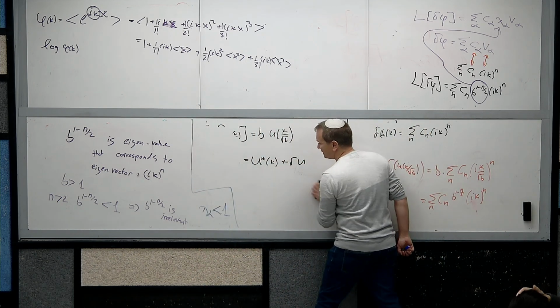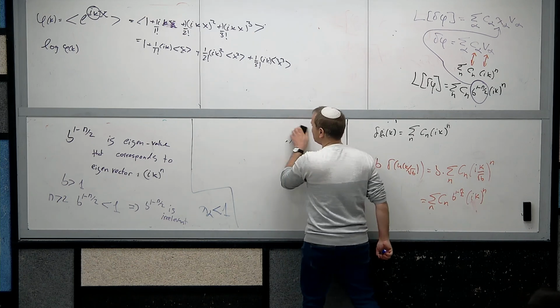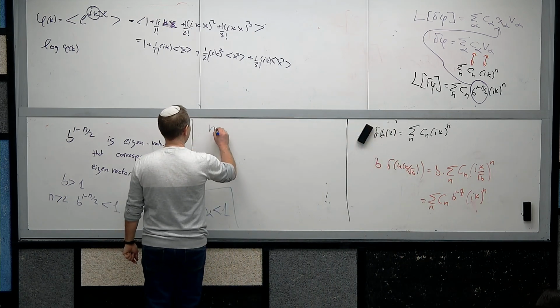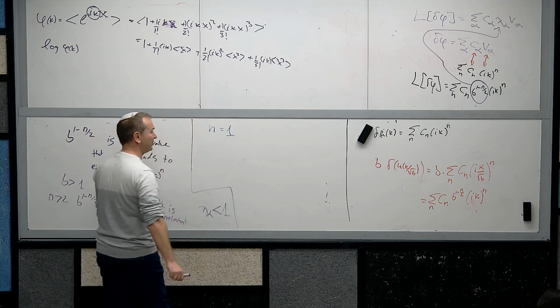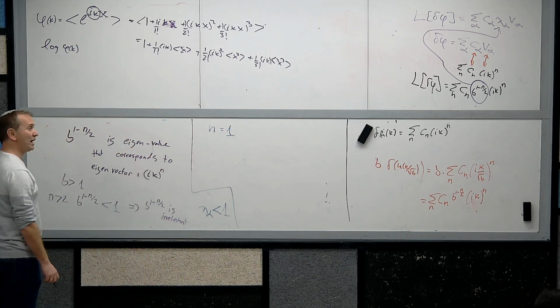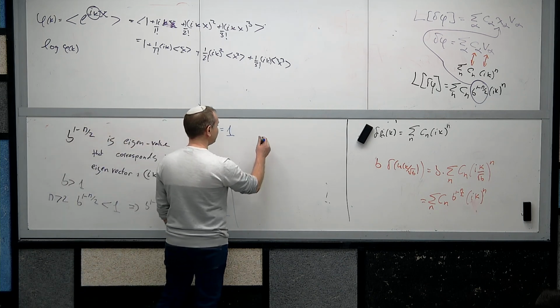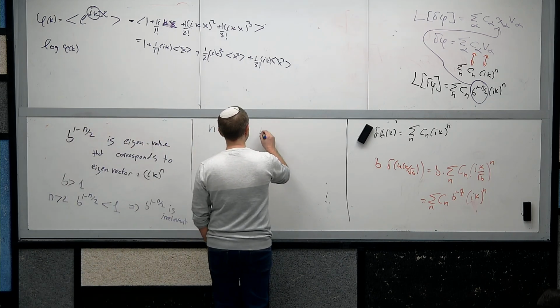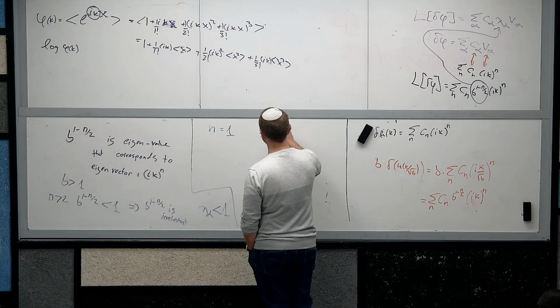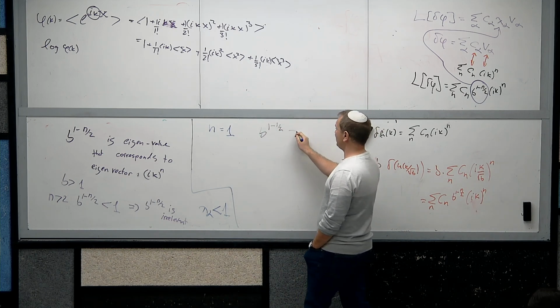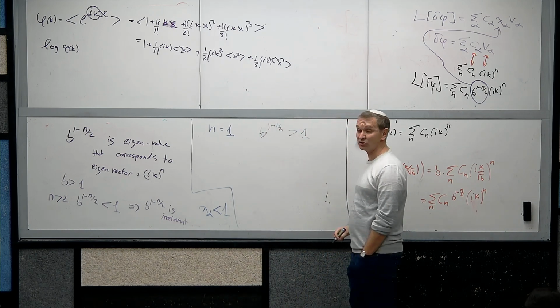What happens when n equals 1? When n equals 1, we have b to the power (1 minus 1) over 2, which is b to the half. b is larger than 1, so this is larger than 1.